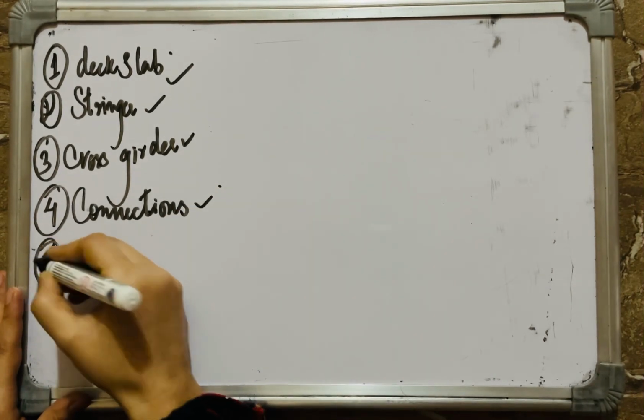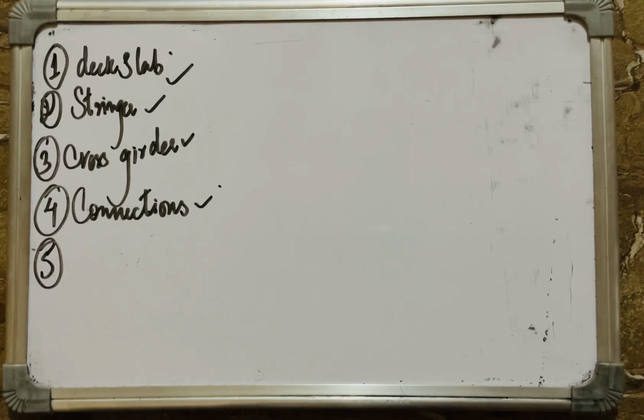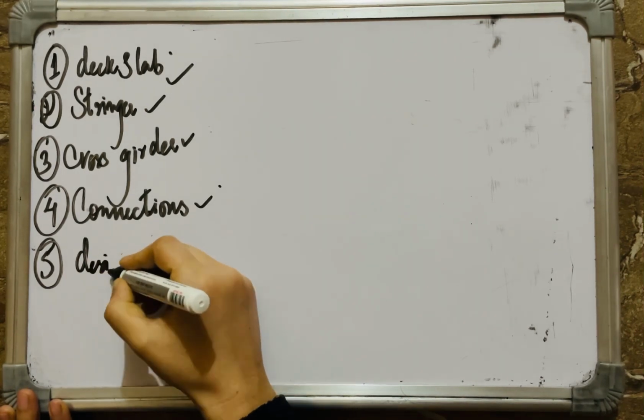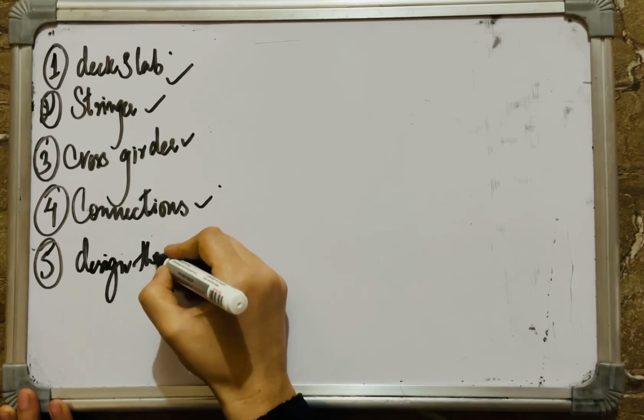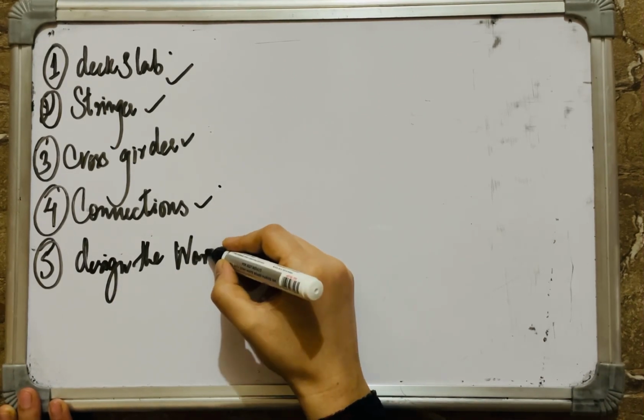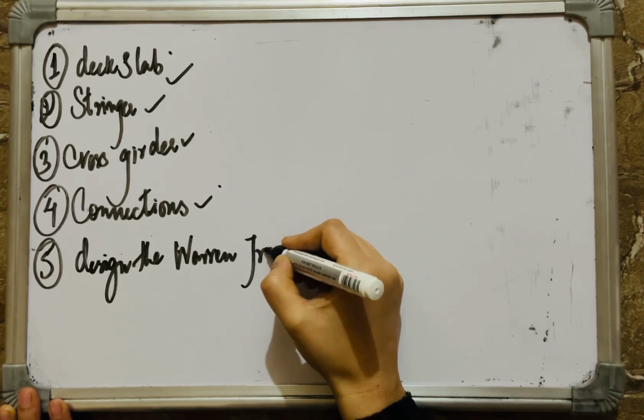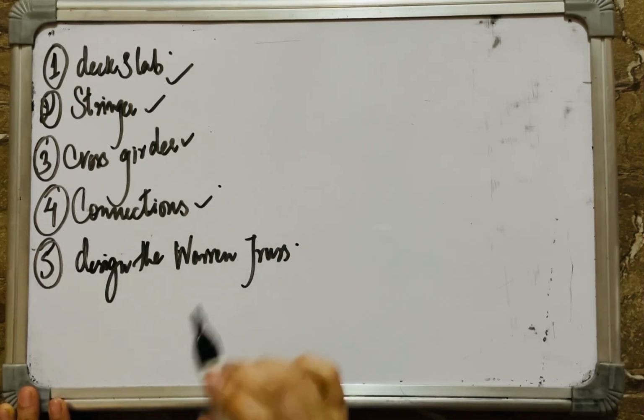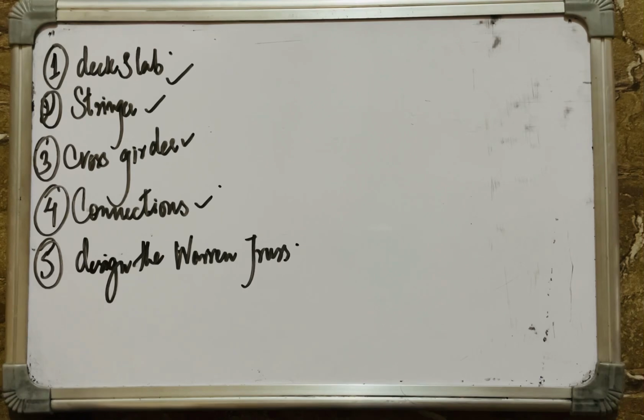Now the last part in this steel truss bridge is the truss itself. We have to design the truss, the Warren truss that we have used. All right. So this is the remaining part. We have done every other thing.